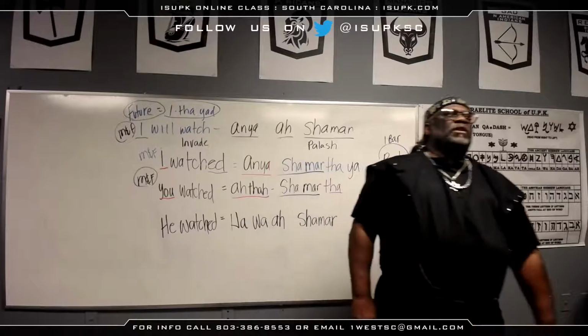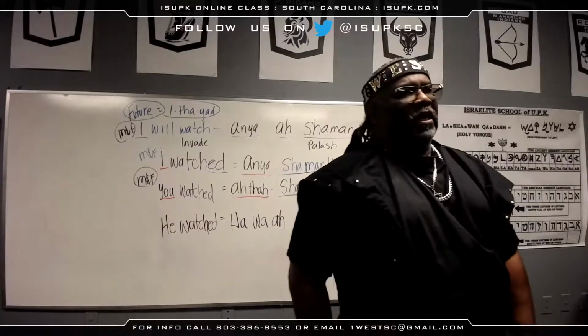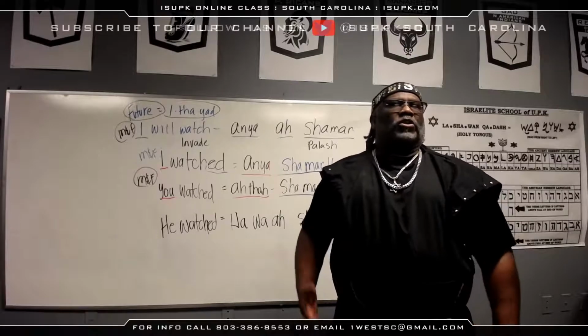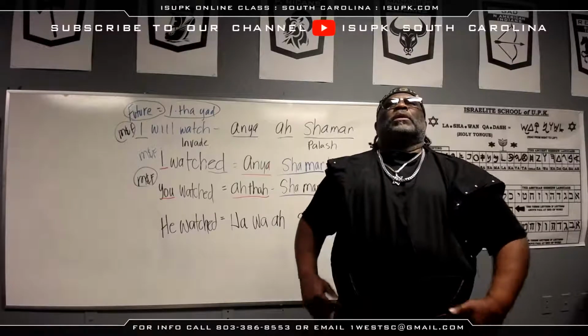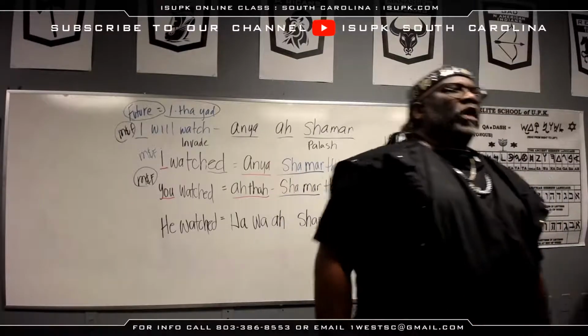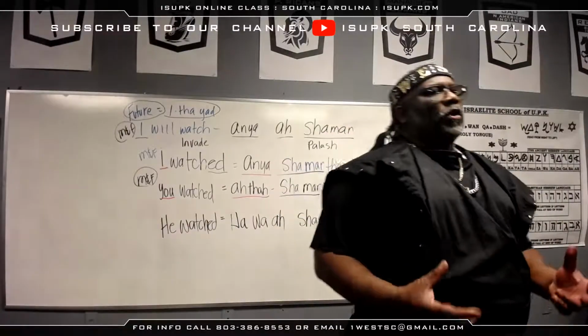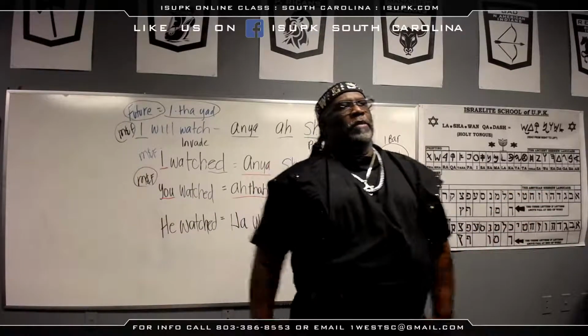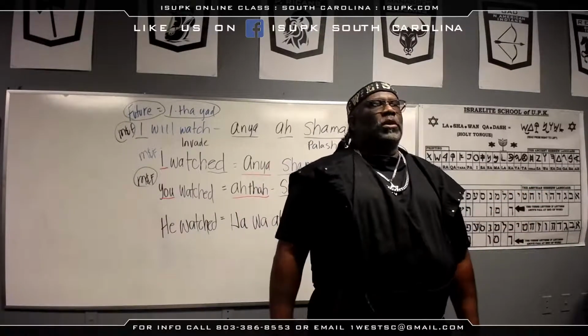And even some of the students reading them nowadays in class, in Sabbath class, it's hard for them to get used to it because it's not natural. The Assyrian is not natural for us, so you have to learn it. Just like you have to learn the Paleo, you have to learn the differences. But once you get used to it, you'll understand.